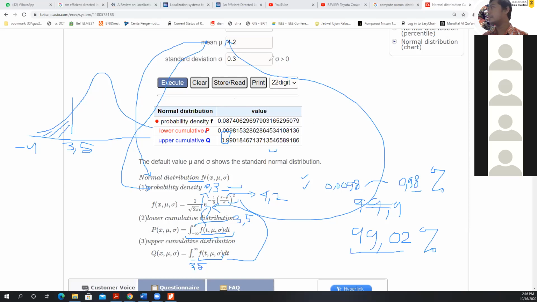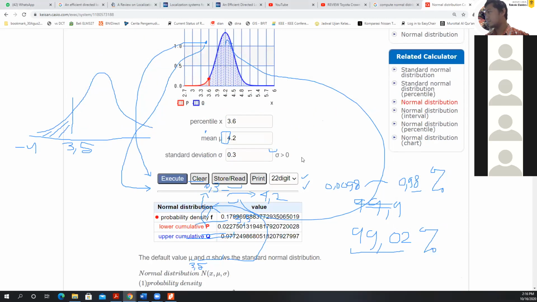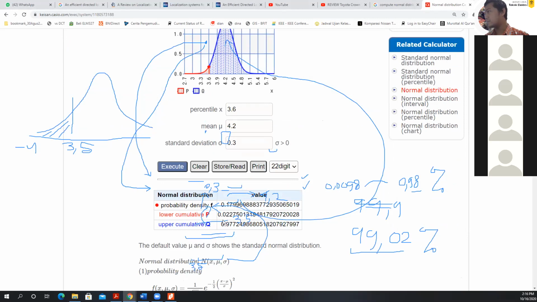Okay, let's check together by this one. Okay, 6, 2, and execute. 0.0227.5.